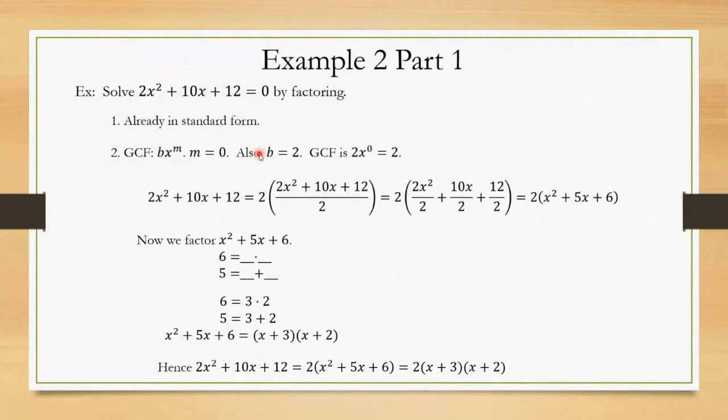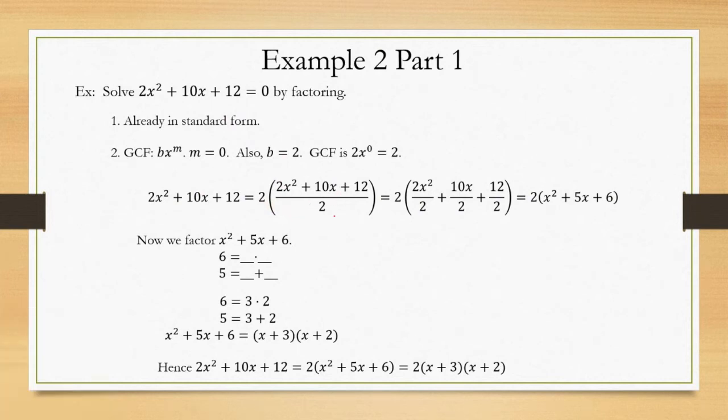I think the only common factors among 2, 10, and 12 would be 1 and 2. So the GCF is 2, right? 2x to the 0 is 2. So from there, we factor out the GCF. You put it in front and you divide.